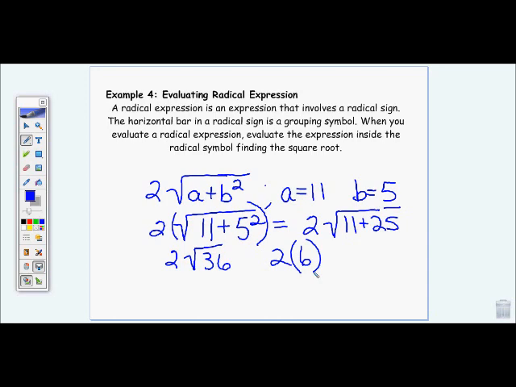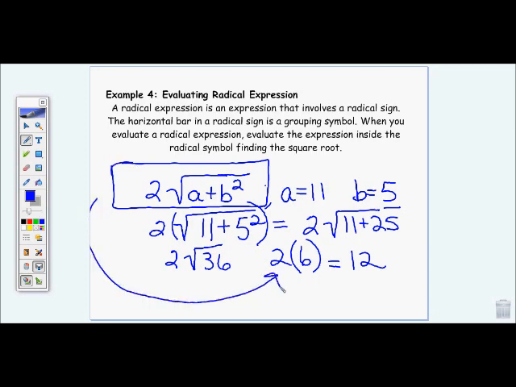And when we have numbers next to each other with parentheses, that means to multiply them. So 2 times 6 is going to equal 12. So this very difficult or advanced looking equation, you are able to solve with all the knowledge that you've gained just in this one lesson. The answer is going to be 12.